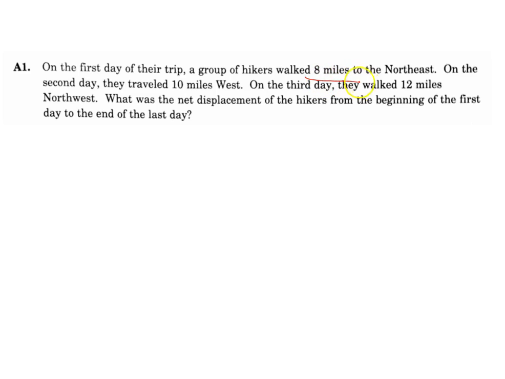They walk 8 miles one day to the northeast. On the second day, they travel 10 miles west. I guess they're camping. On the third day, they walk 12 miles northwest. What was the overall or net displacement on this 3-day hike? These are all displacement vectors, but it's the same kind of rule for all vectors.